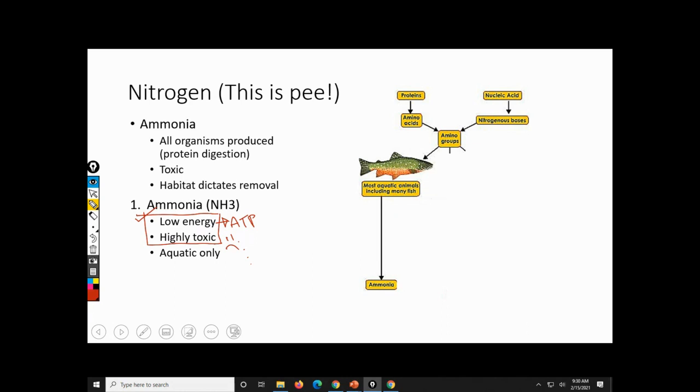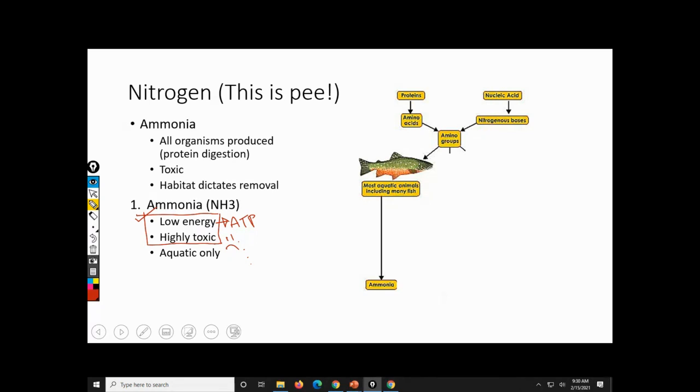Because they're in water. So what's happening to the ammonia? Why is it so fast? Yes, right? So the ammonia is getting peed directly into a large body of water, or at least some body of water, so it's immediately getting diluted as it's being peed.